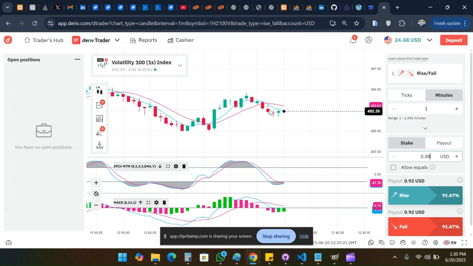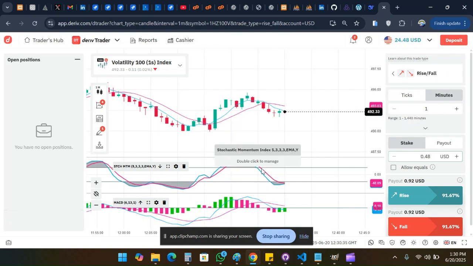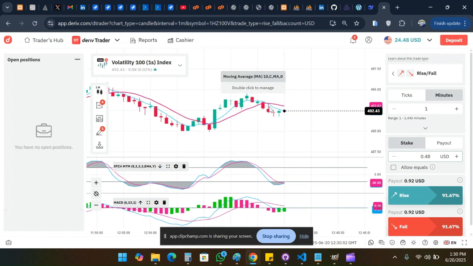You see I took the trade here when the price was here. The MACD has crossed over, and here the stochastic momentum has also crossed down. The blue line, the moving average, has crossed below.